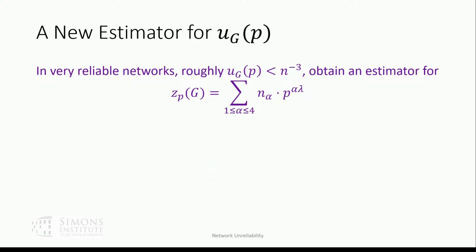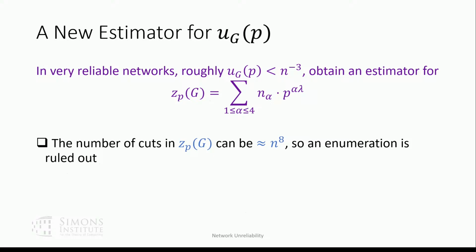Okay, so I want to estimate z. How do I go about doing this? One thing to note is that although I have done all this truncation and simplification, the number of cuts I'm dealing with is still quite large. I'm dealing with cuts that are of size up to 4 times the minimum cut, so the number of such cuts can be something like n to the 8.